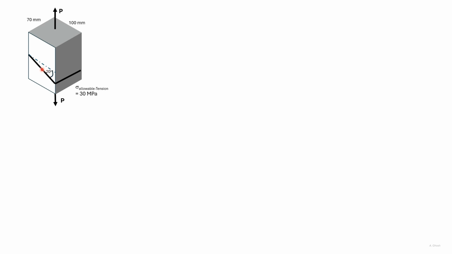So the force P perpendicular to the inclined section would be P cos 20, which divided by this area should be equal to 30 MPa. From the equation, we can find the value of P. Once we have found the value of P, then P sine 20 divided by this area would give us the shear stress acting.